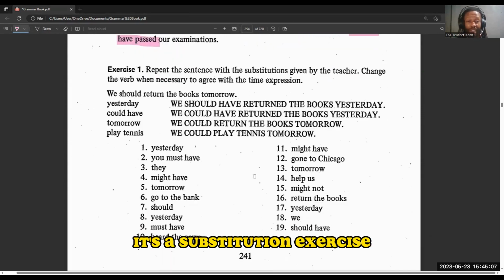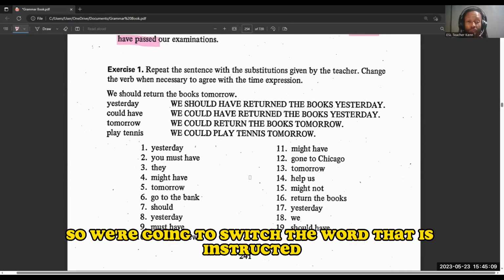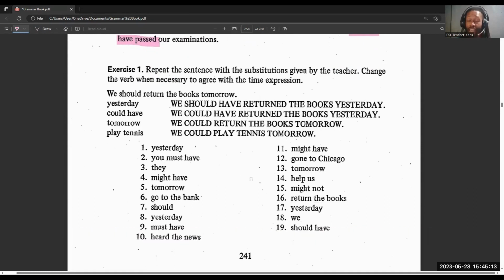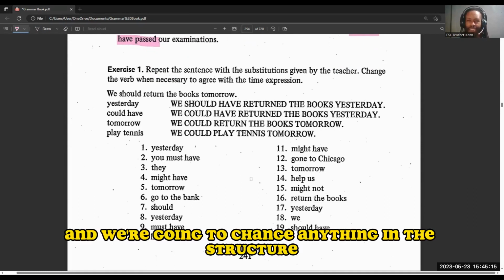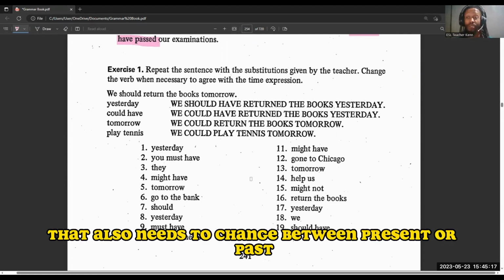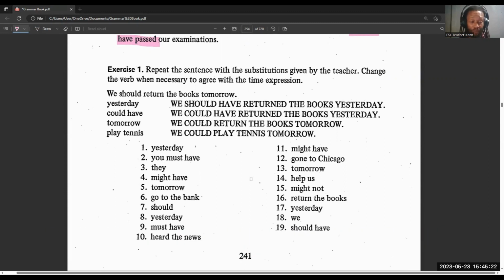It's a substitution exercise. So we're going to switch the word that is instructed, and we're going to change anything in the structure that also needs to change between present or past.